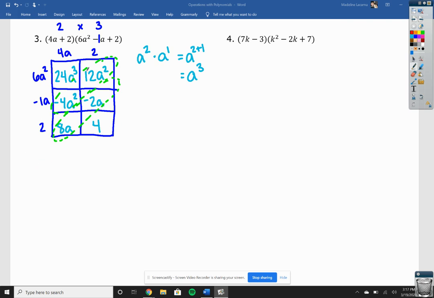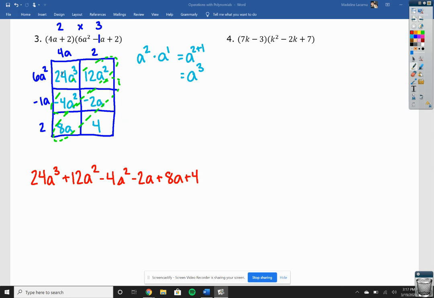So here our final answer, we're going to rewrite everything that's in this box. So it's going to be 24a to the third, 12a squared, negative 4a squared, negative 2a, 8a, and 4.